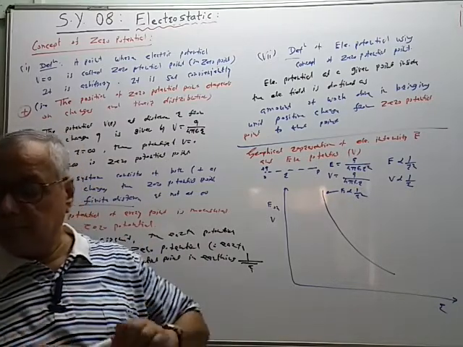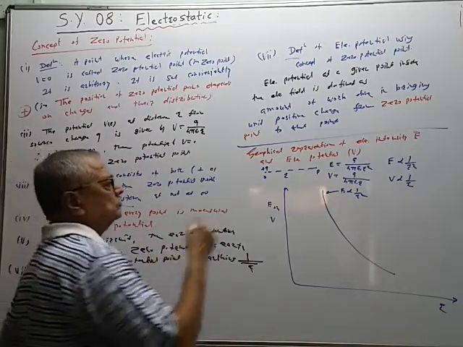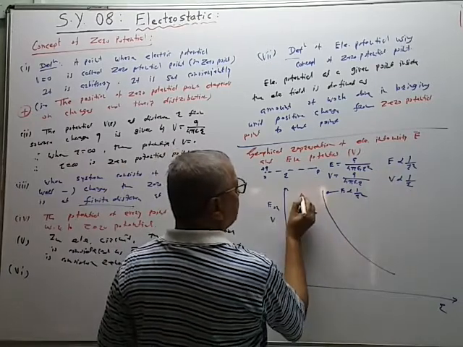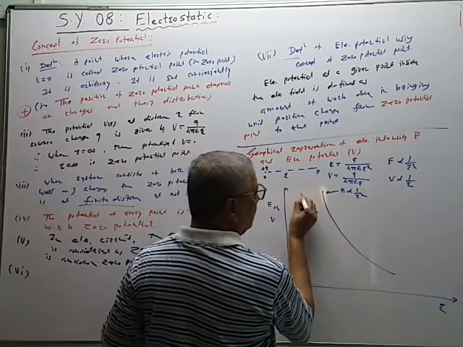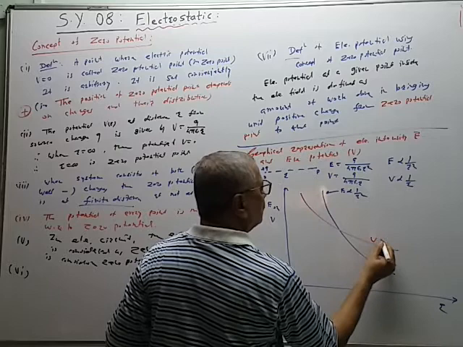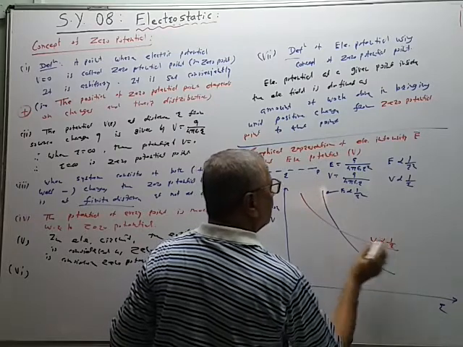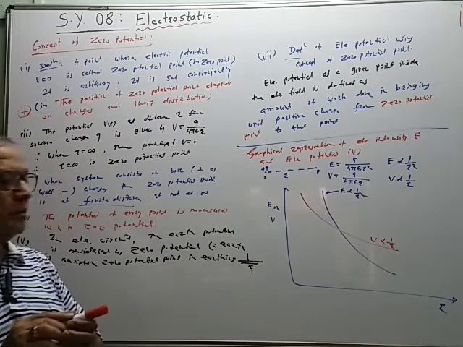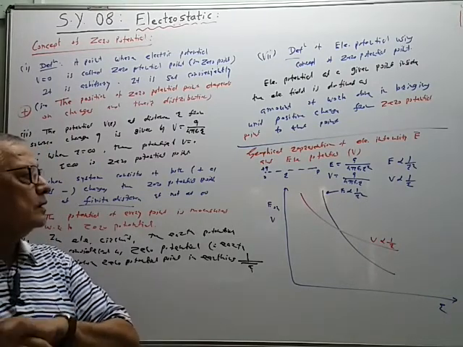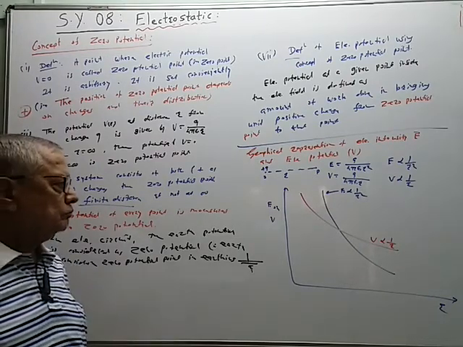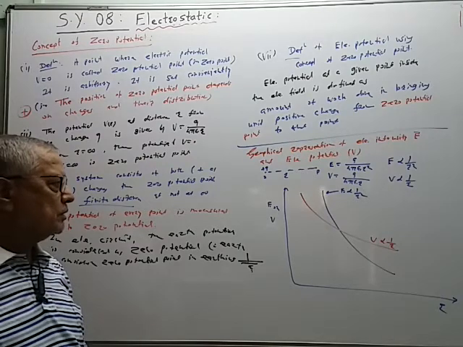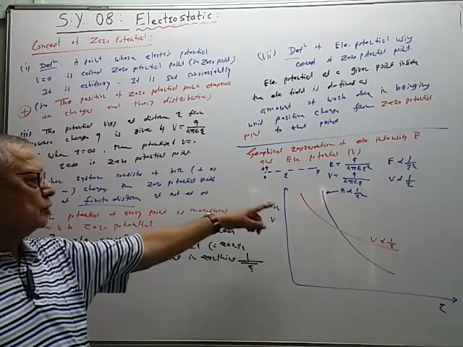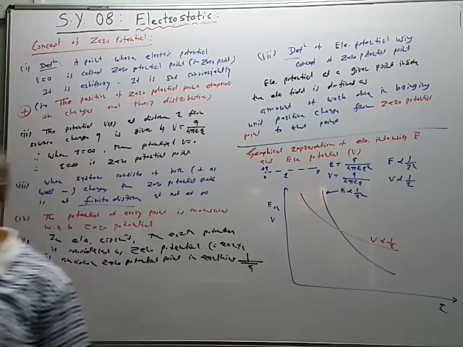And the variation of potential is like this. It is inversely proportional to R. So V is inversely proportional to R. Both may become equal at a certain point where the potential difference becomes zero, like this. So this is the graphical representation.